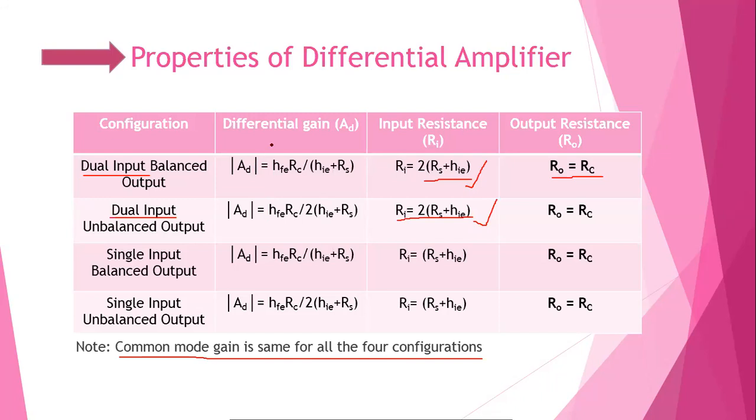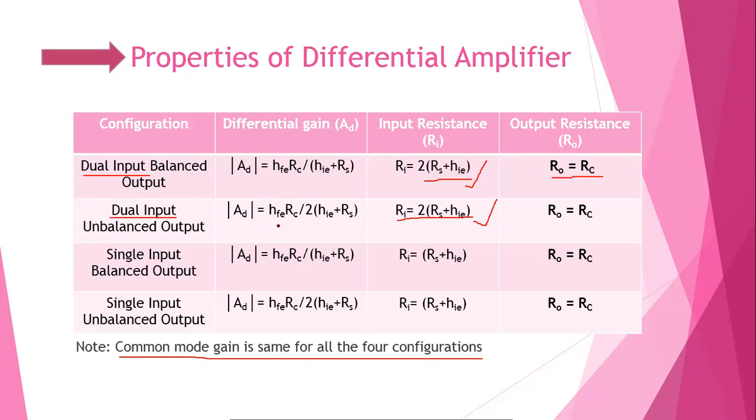Coming to the differential gain, here we have unbalanced output. The differential gain depends upon the output terminals, that is either balanced or unbalanced. Unbalanced output means we take the output only at one transistor, whereas in balanced output we consider both the transistors.